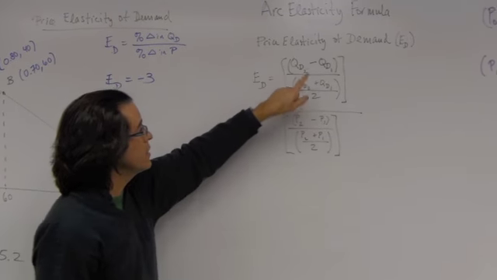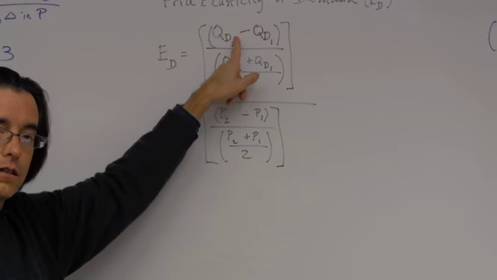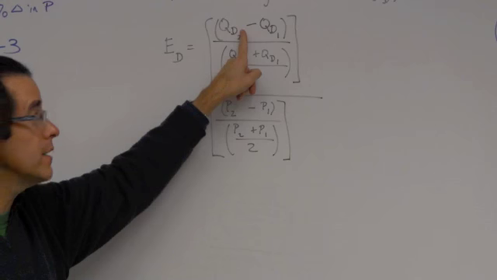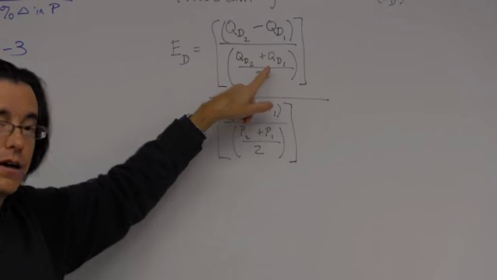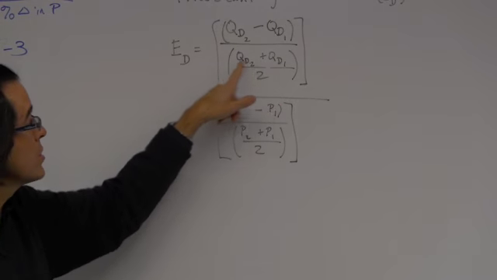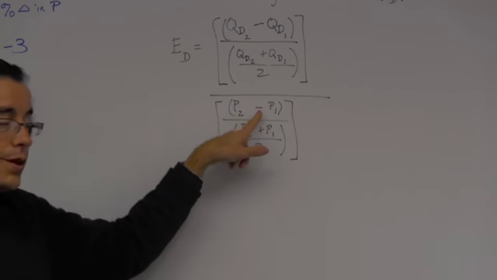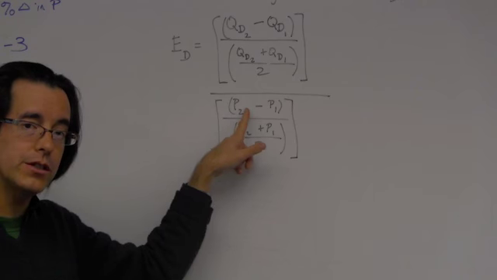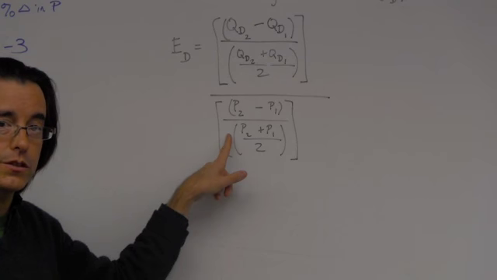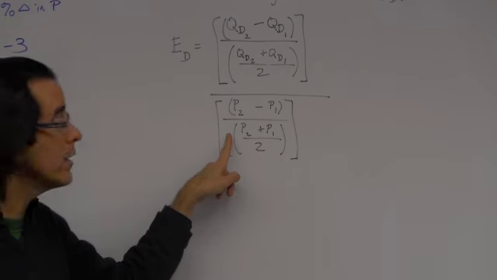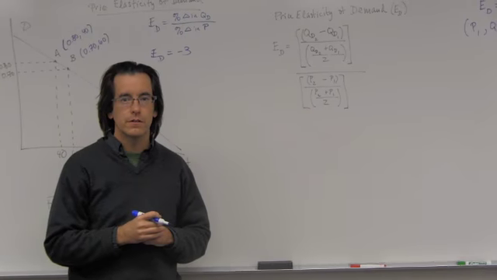When we calculate the percentage change in quantity demanded, we're looking at the second level of quantity demanded minus the first level of quantity demanded divided by the average quantity, so the sum of the two divided by 2. All divided by the second price minus the first price divided by the average price. So this is how we calculate the price elasticity of demand using the arc elasticity formula.